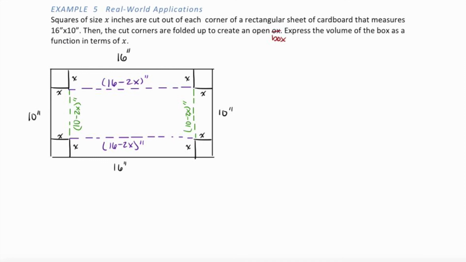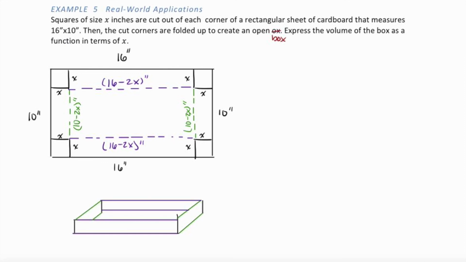Let's see what this would look like as a box. So if I were to fold this up into a box, I'd have my long side here. I'd have the width here. And then of course you'd have your heights that measure x inches. There's what our box would look like. And let's label everything.